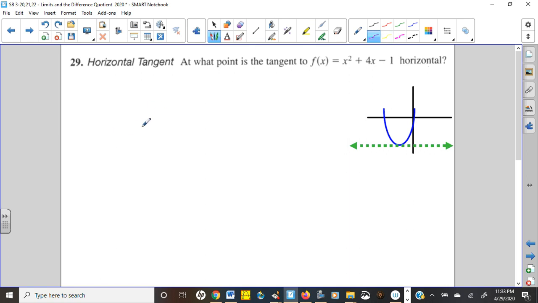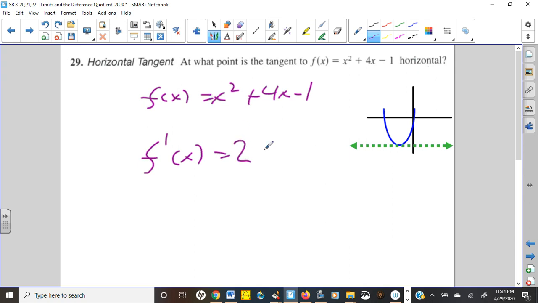Okay, if f of x is x squared plus 4x minus 1, the power rule says multiply the exponent by the coefficient and then drop the exponent down 1. So f prime becomes 2 times 1 times x to the first power, so we won't write it.